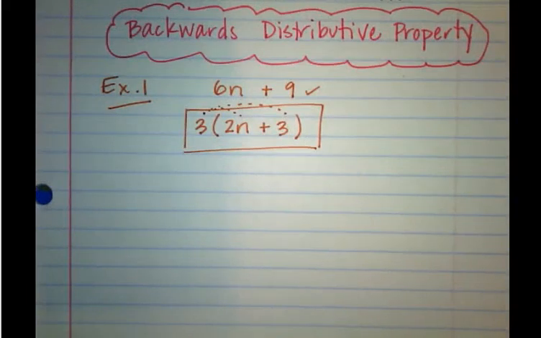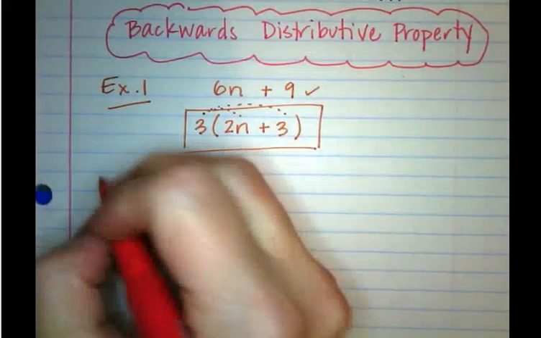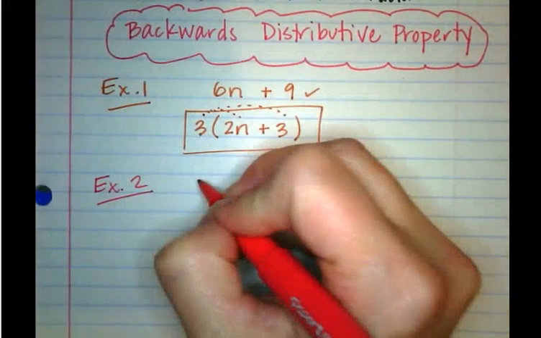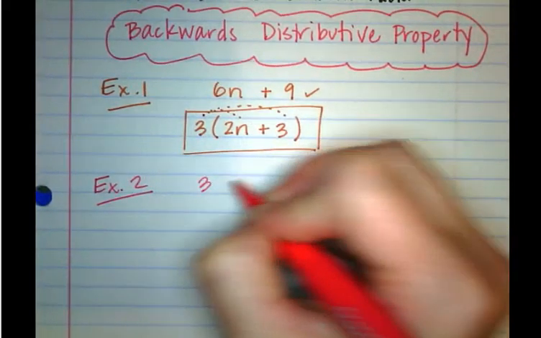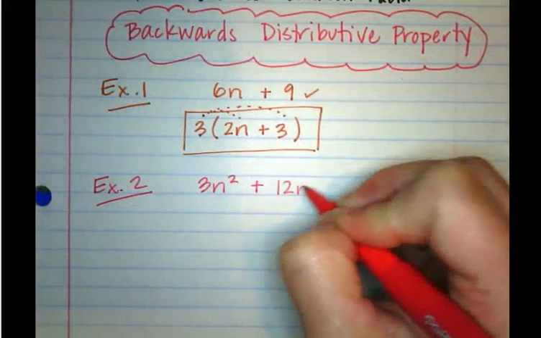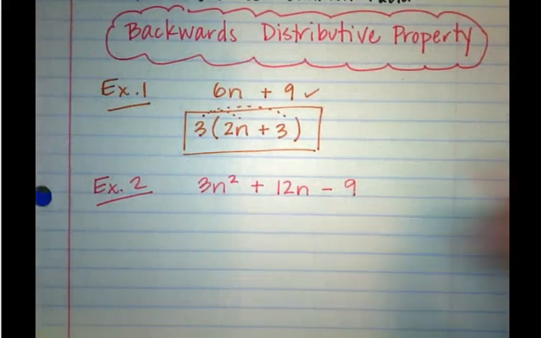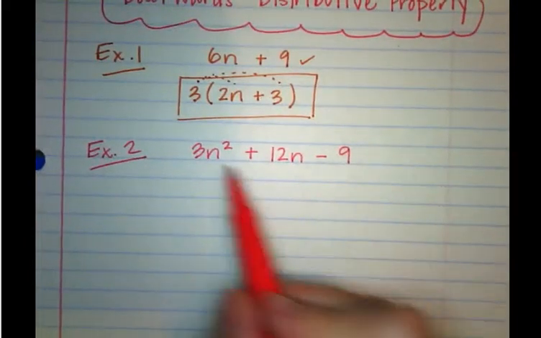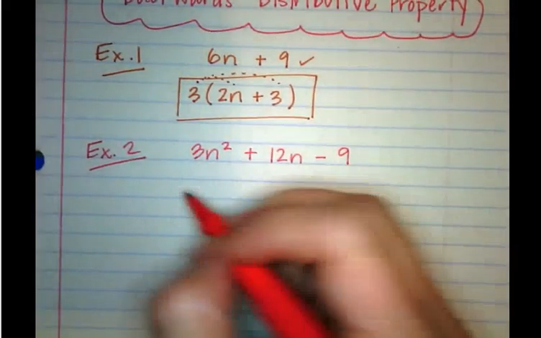All right, for another one, let's say we had 3n squared plus 12n minus 9. You can have 3 terms. This is a trinomial. So I'm going to look for what's in common.